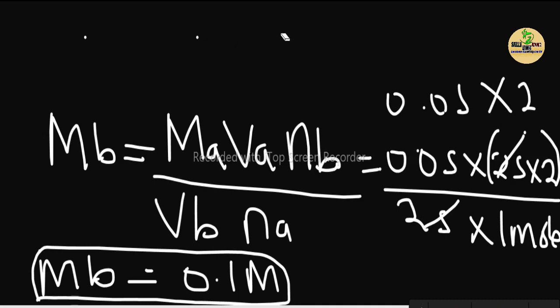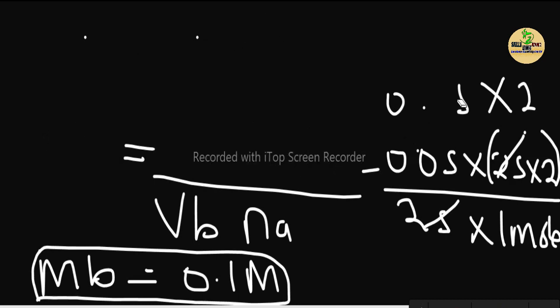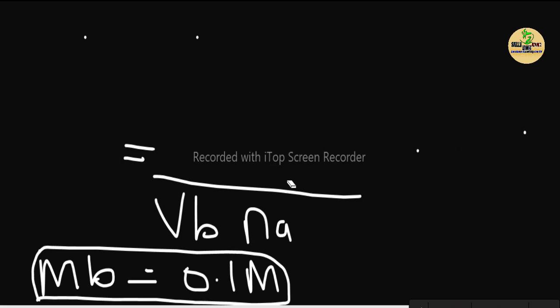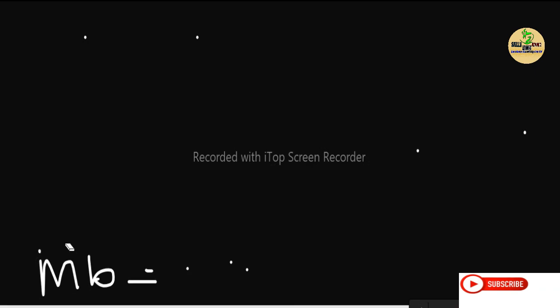Let's remove this one in order to get the chance of solving the molar mass. So concentration is equal to mass 5.6 divided by 1 liter.